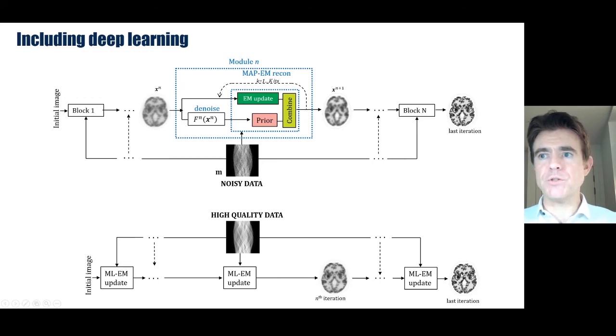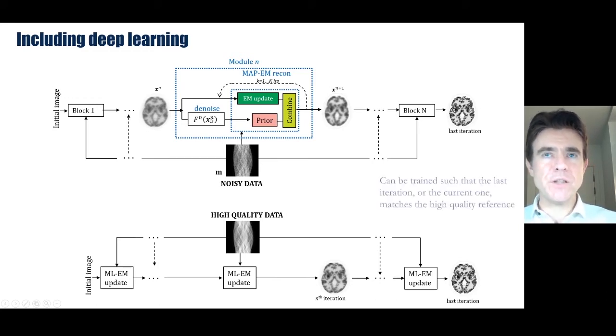You'd use that high quality reference here to train that denoiser to take the image at the certain iteration, to try and get that to agree with the high quality reference. And once you've done that learning of that particular mapping, I've called it F superscript N to show that it's iteration or module or block dependent.